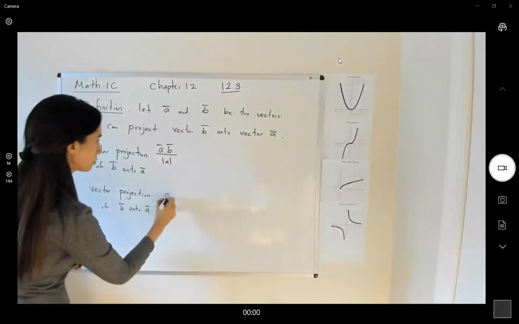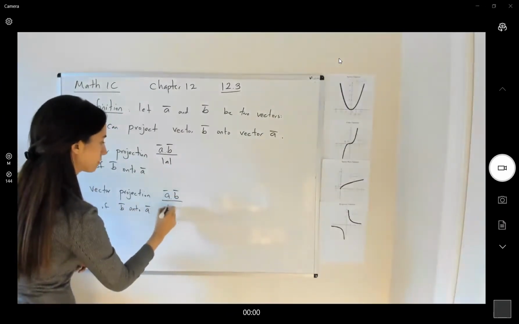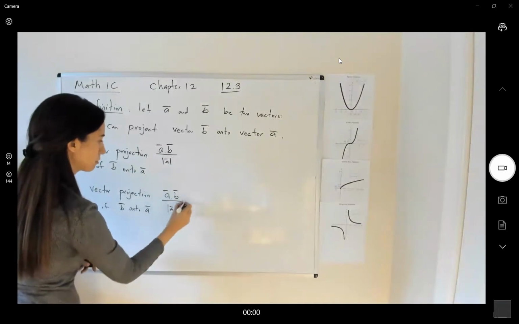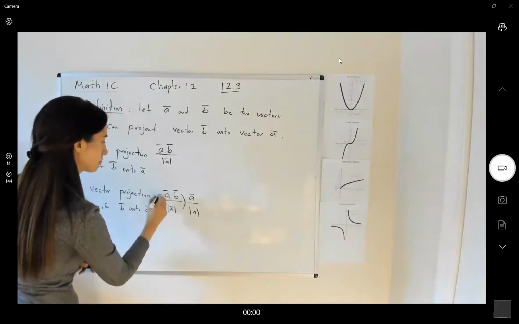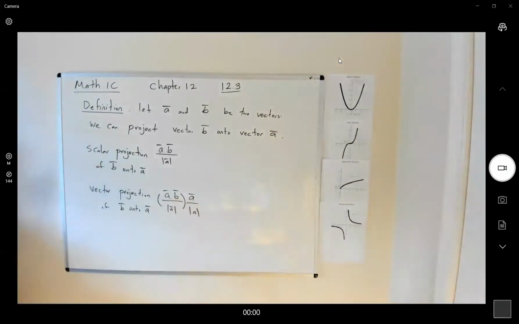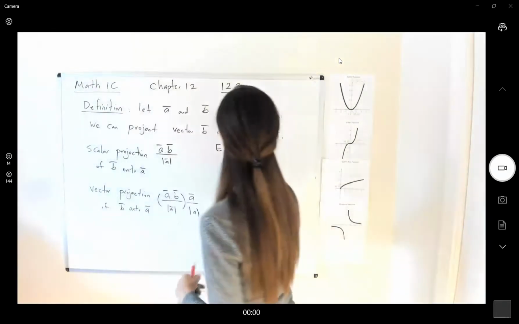The scalar projection. So we have an example. The example gives you two vectors.